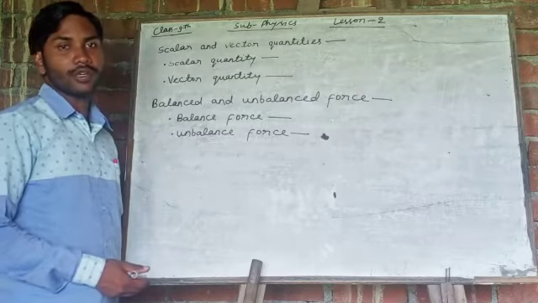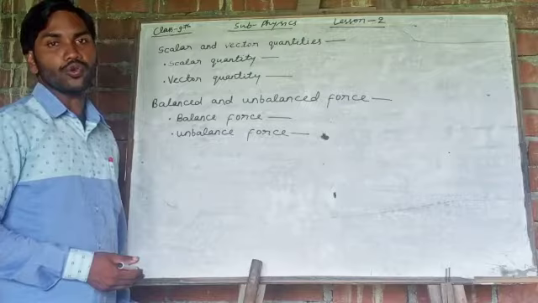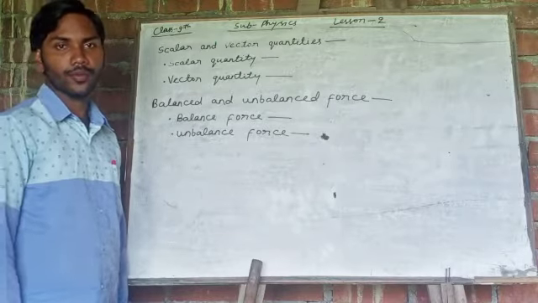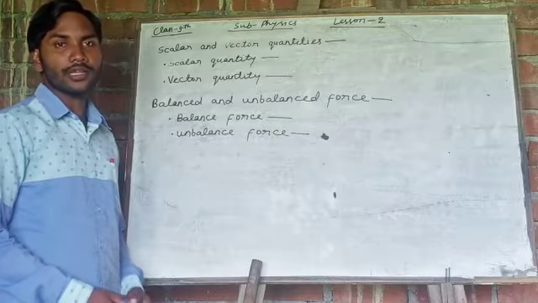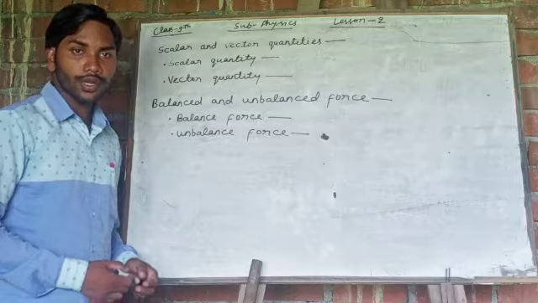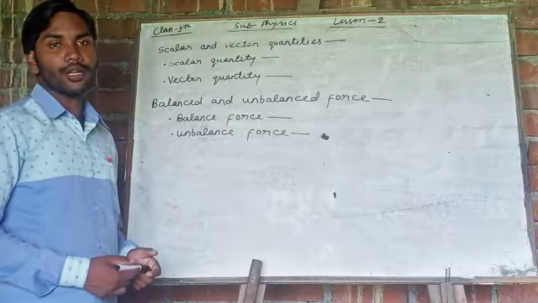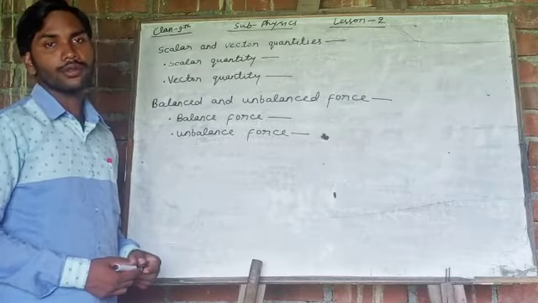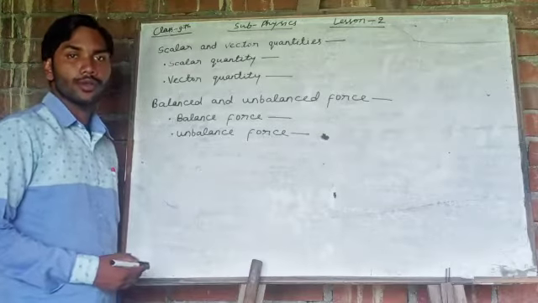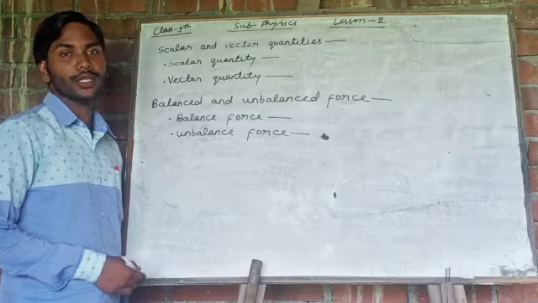To represent vector quantity, we need to know the direction also with its magnitude. Without direction, we cannot represent vector quantity. The addition, subtraction, multiplication, all the vector quantities are done by using the rule of vector algebra.